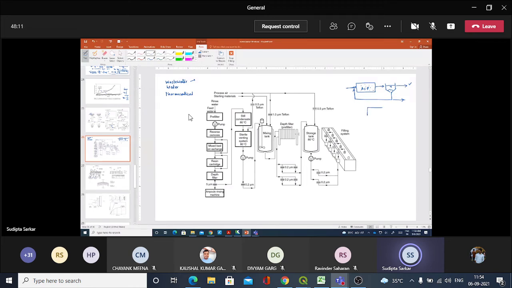Now the process is like my membrane bioreactor. What we do? We use this, and in place of this sedimentation tank, we use microfilters. Okay, so microfiltration devices are used, and we get treated water right through this here.